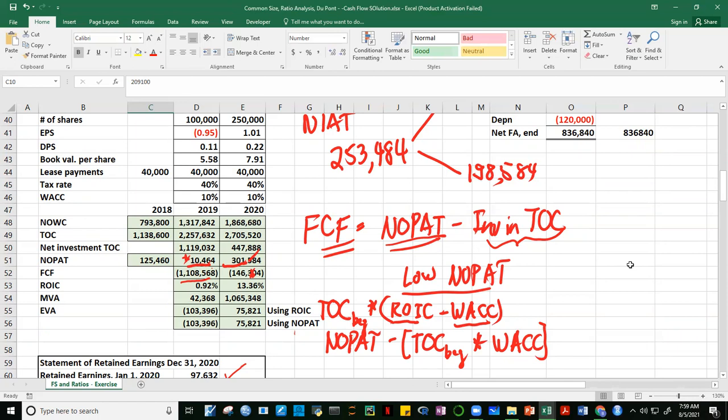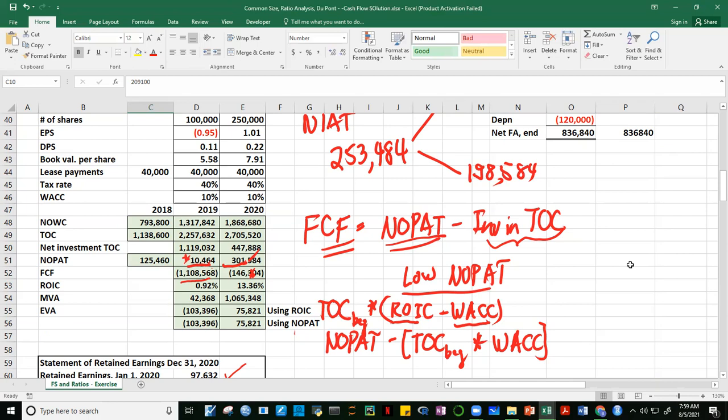So just to clarify, guys, a negative free cash flow is not necessarily bad. It's not the same as a negative EVA. Pag negative economic value added, guys, definitely pangit yun kasi value was destroyed.